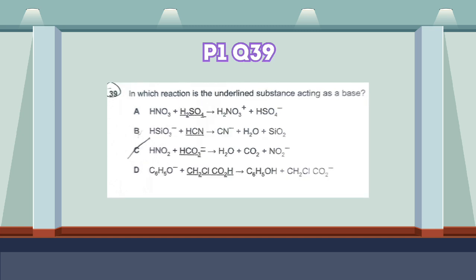And then for paper 1, question 36: in which reaction is the underlined substance acting as a base? The final answer is C, because a base is an H+ proton acceptor.